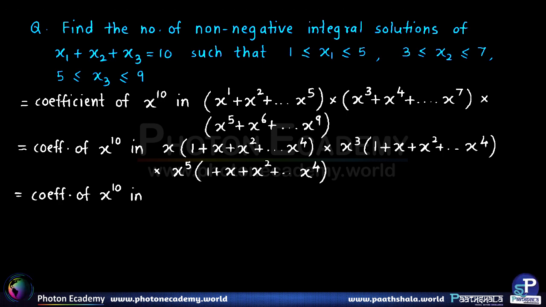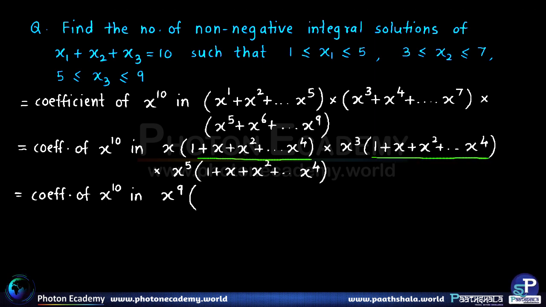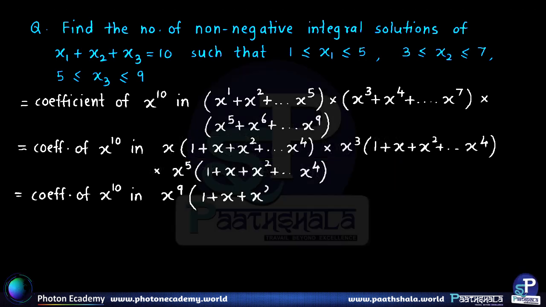Now if we collect all the x terms, x, x cube and x raised to 5, that gives us x raised to 9. So here we have x raised to 9 multiplied by, if you observe, all the rest of the brackets are exactly same. That gives us the cube of the individual bracket, that is 1 plus x square plus x cube plus x raised to 4, whole cube.